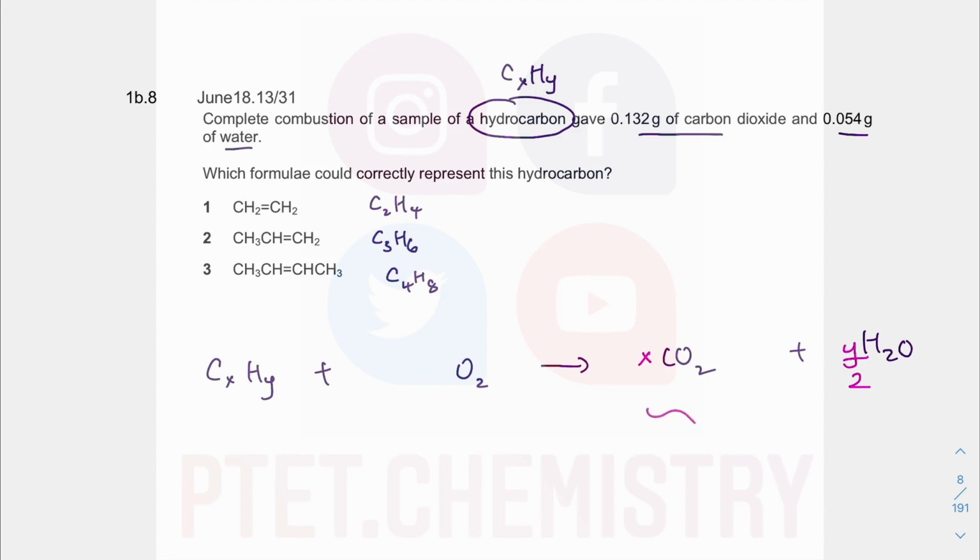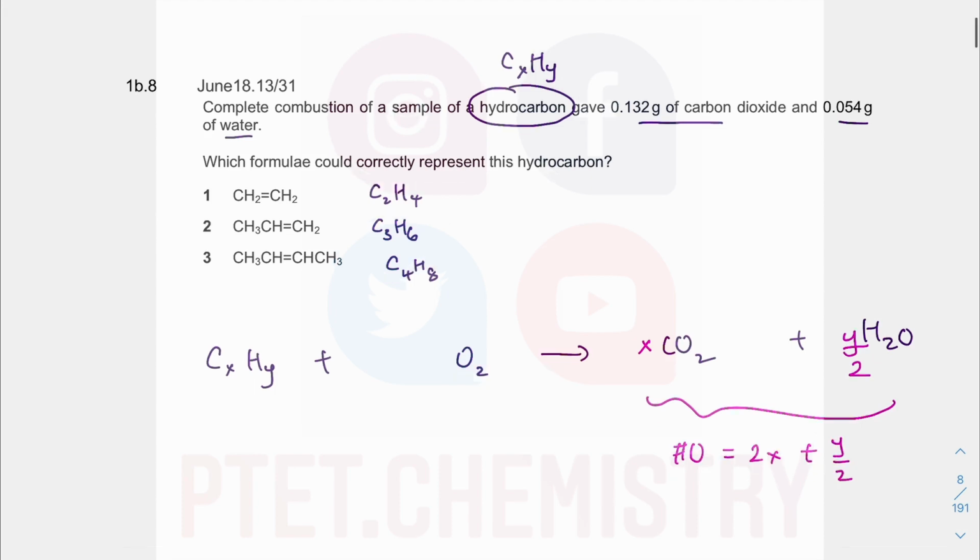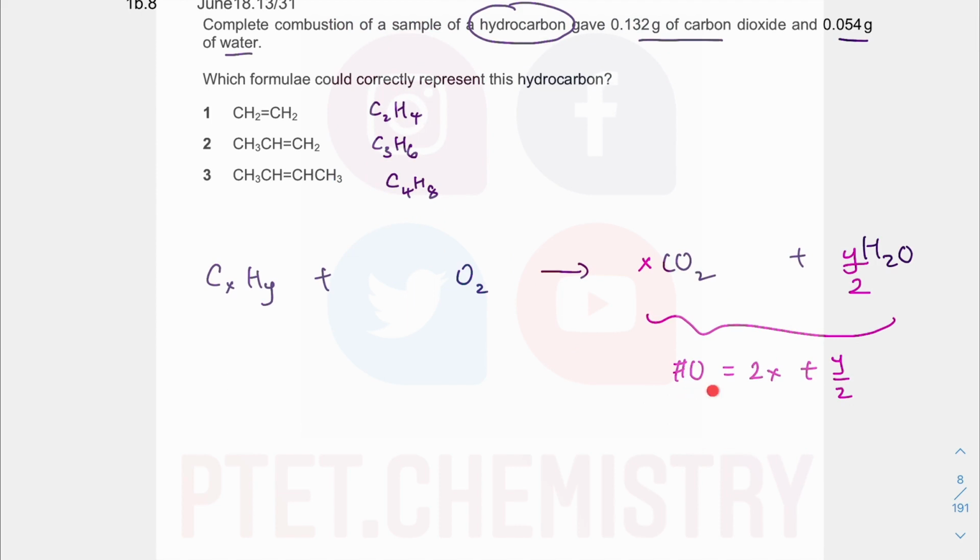If you work out the number of oxygen atoms, you will get 2x from the CO2. You will get y over 2 from the H2O. But then we had the same problem as before. This is the number of oxygen atoms, and this is an oxygen molecule, so this needs to be divided by 2.